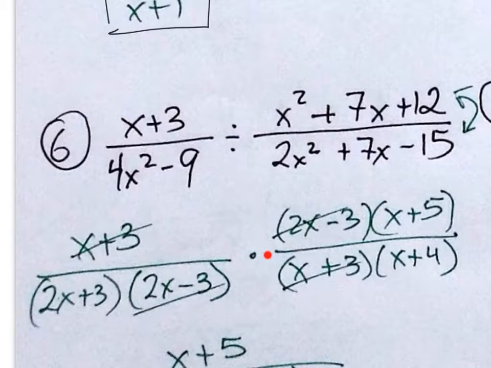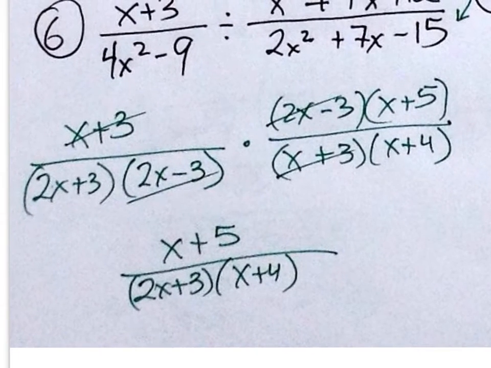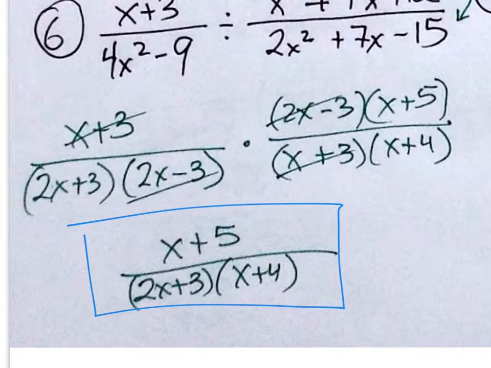If this were plus or minus, that would not be the case. The 2x minus 3's are out of there. The x plus 3's are out of there. And we're left with this over these: x plus 5 over 2x plus 3 times x plus 4. Factor, cancel.